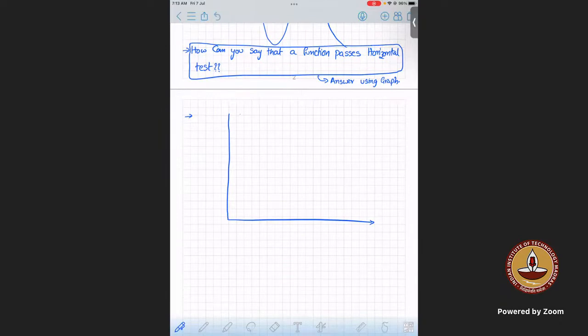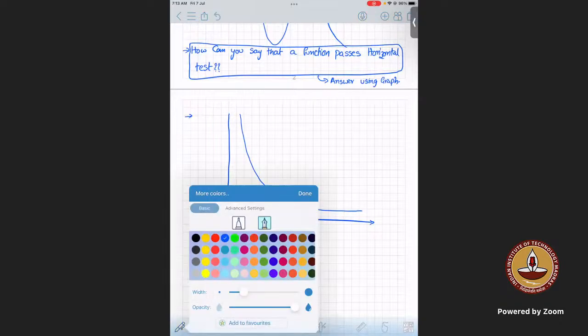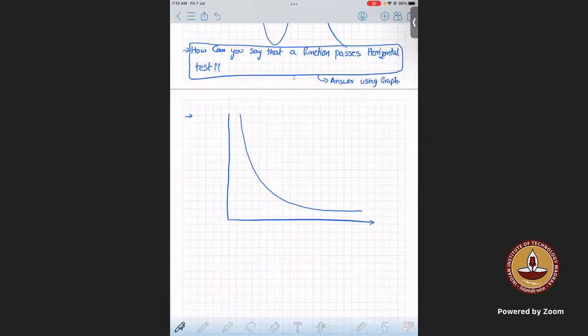So suppose let us take something like this. We can also say a graph is monotonic.